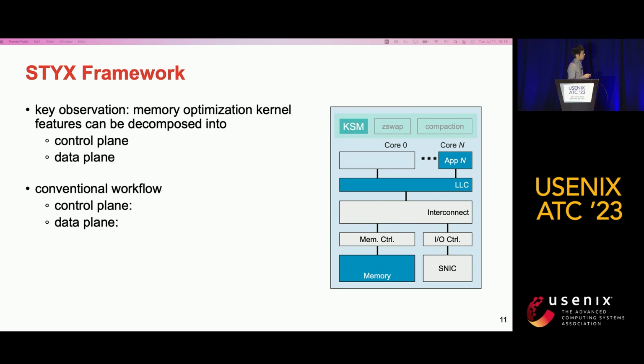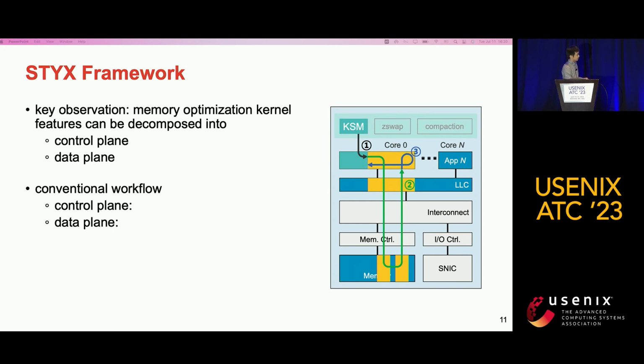So let's see. For the first step, KSM will tell the CPU which two pages it wants to compare. Then the CPU reads the two pages from host memory. But pay attention here: the last level cache gets polluted by these two pages.